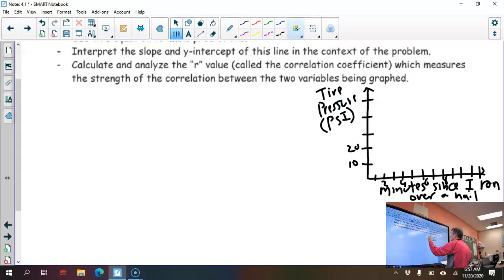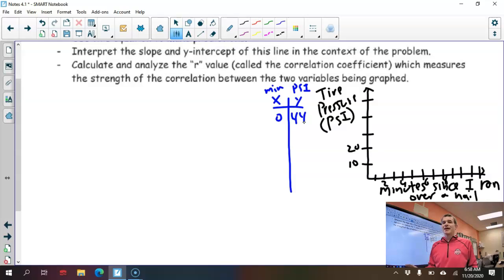So I made this little table where my x, of course, is minutes, all right? And my y is my PSI, my pounds per square inch. And I know that after 0 minutes, I had 44 pounds per square inch in my tire. The tire was full.